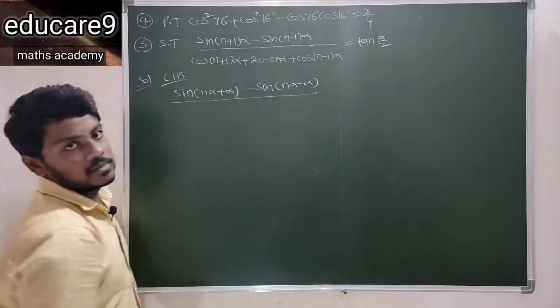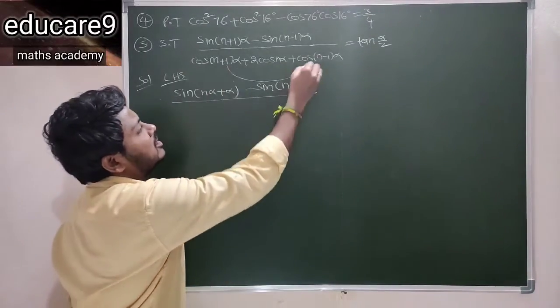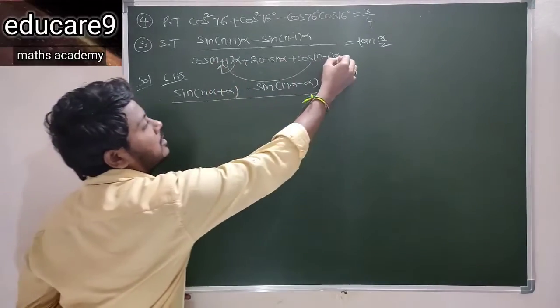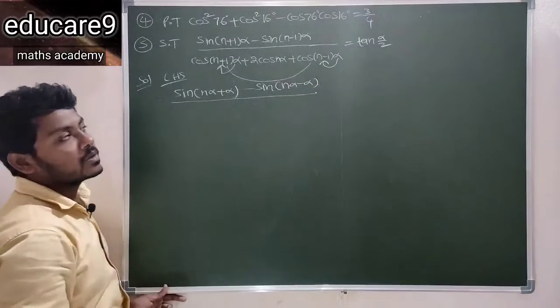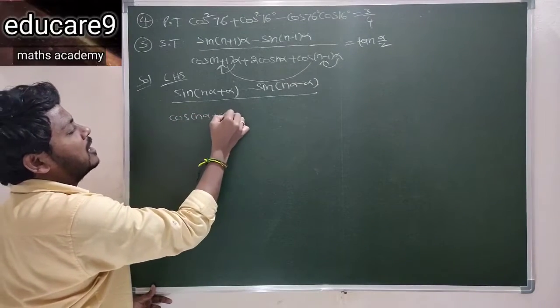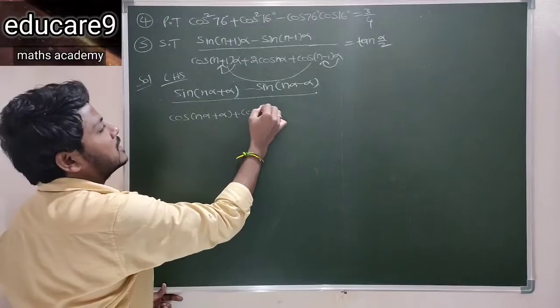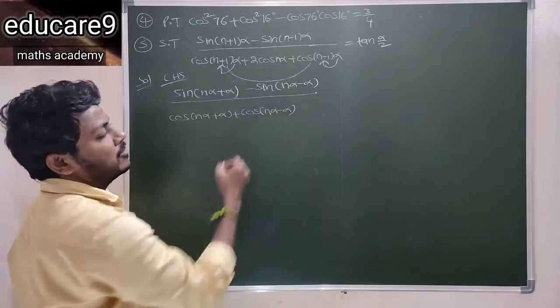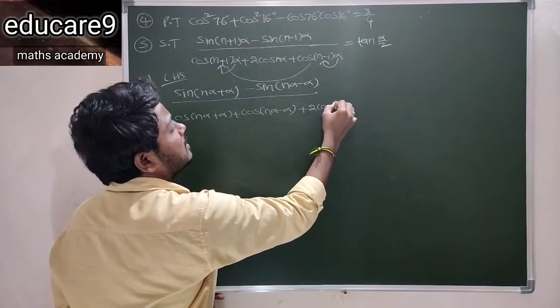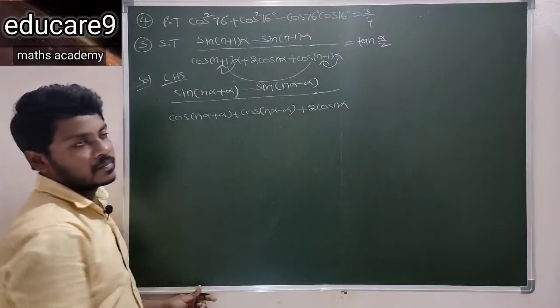Divide by, so you have to write first and last one first, and again multiplying alpha inside for two terms, what you get: cos n alpha plus cos n alpha minus alpha. So remaining term plus 2 cos n alpha.